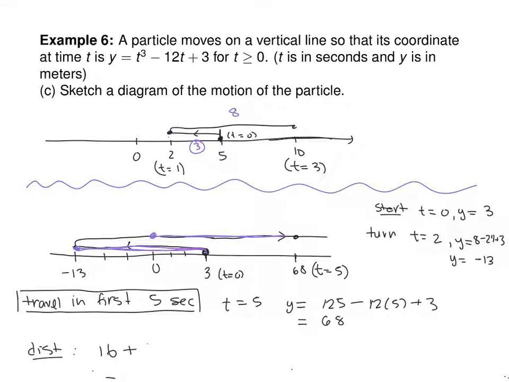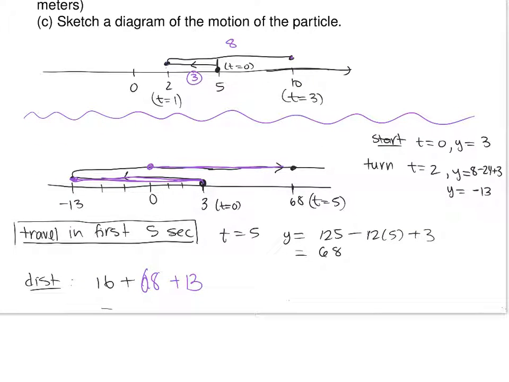So how much are you missing? 13. Another 13. So 16 plus 68 plus 13 is whatever, 39 plus 68, right? A little over 100. 97. I added wrong again.